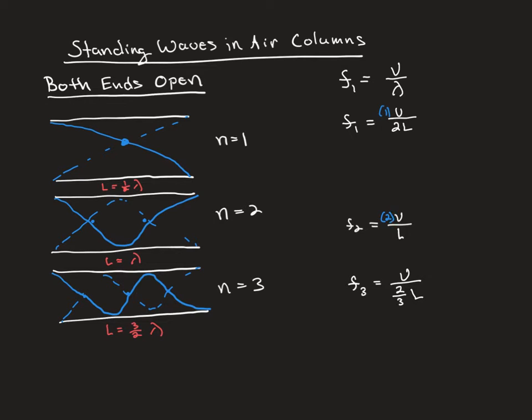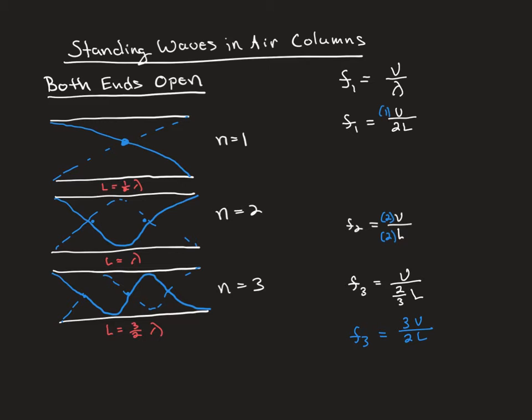I can put a 2/2 here, and I haven't changed anything, just multiplying by 1. And down here, if I flip my fraction, I can do 3v over 2L. So I can just flip that fraction that's in the denominator up.